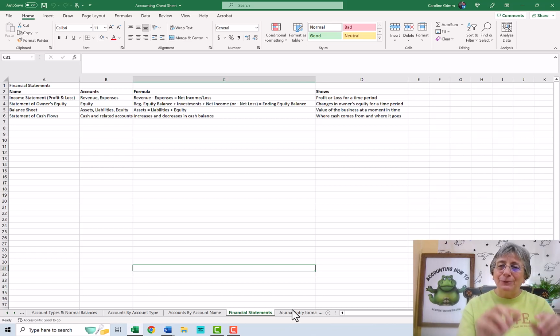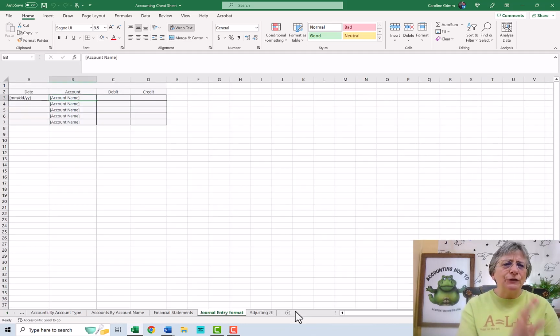Because financial statements tell the story of a business. How are things going? Are things getting better? Are things getting worse? So those financial statements are like these snapshots that show us exactly what's going on in a business. So everything we're doing in analyzing transactions and putting them into our accounting records, it all leads to us summarizing this information in our financial statements.